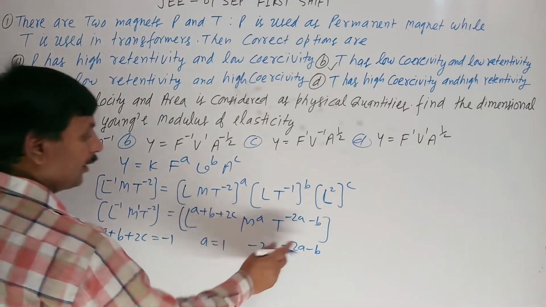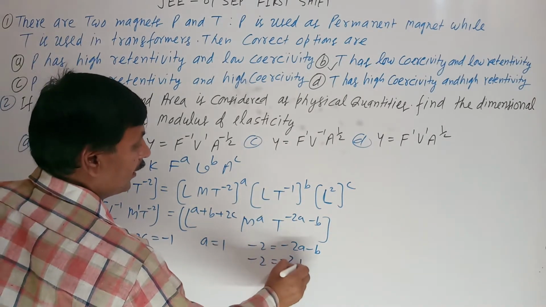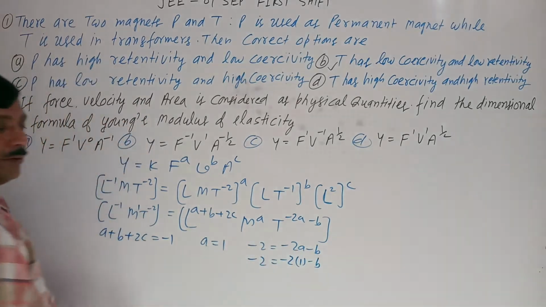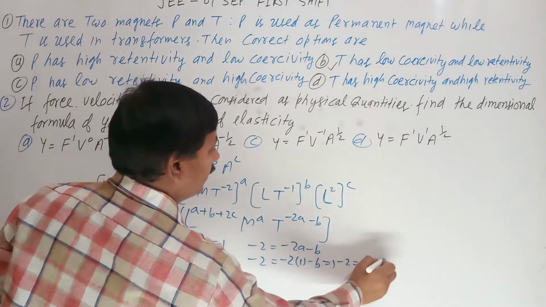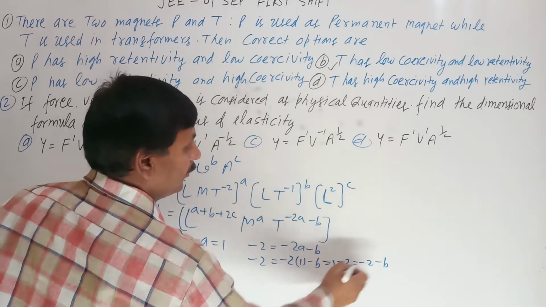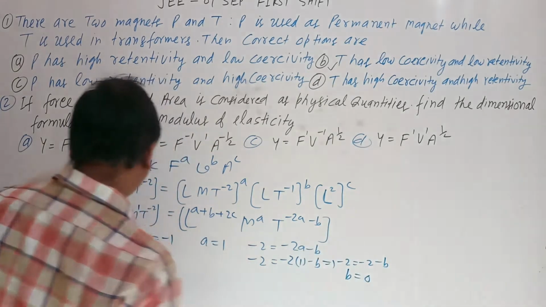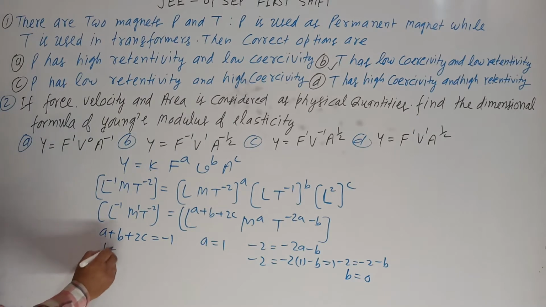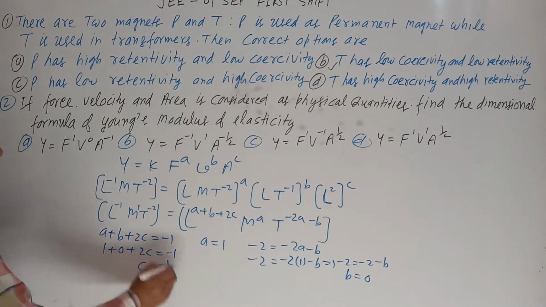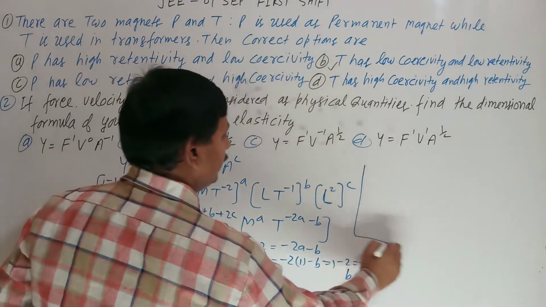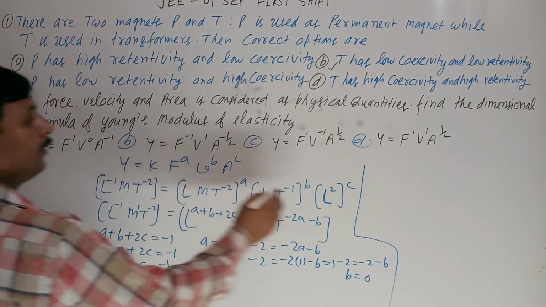Third, minus 2 is equal to minus 2A minus B. Putting A equal to 1 here, minus 2 is equal to minus 2 minus B, minus 2 cancels, so B is equal to 0. Putting A and B equal to 0 in A plus B plus 2C is equal to minus 1, so C is equal to minus 1 by 2. Put here, so what will be the dimension formula?